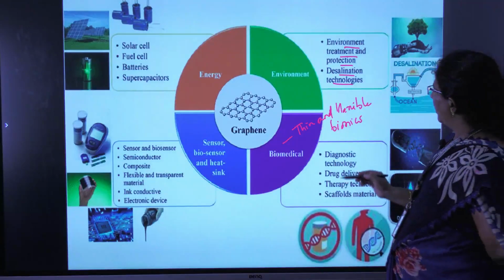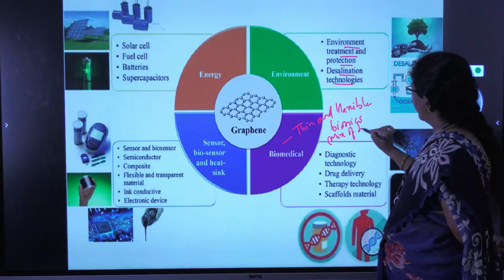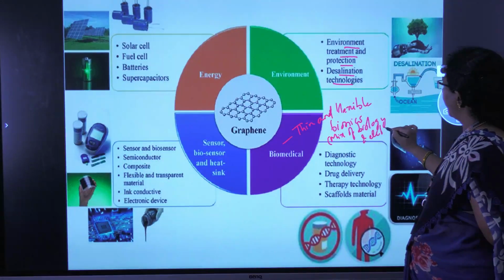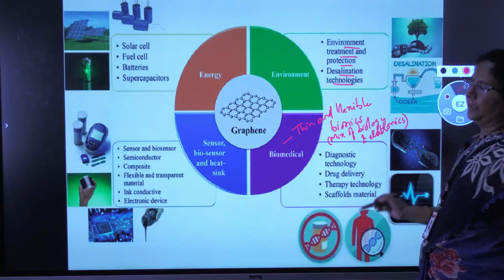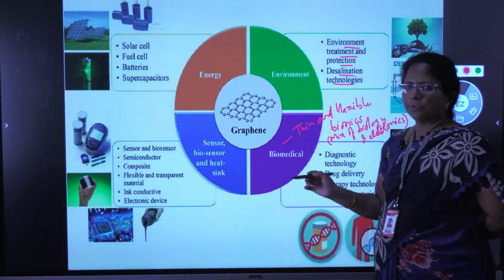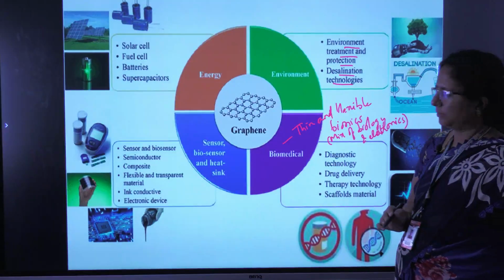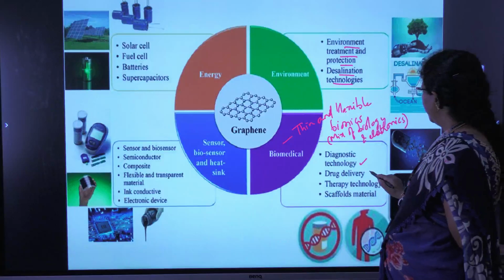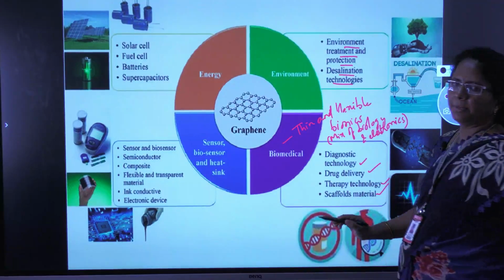Bionics means a mix of biology and electronics. That means a device which is used to implant into a living tissue. So that's why it is used in diagnostic technology, drug delivery, therapy technology, scaffold materials.